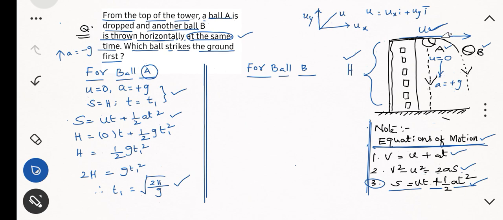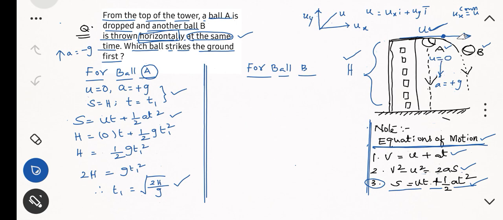At this point, when the ball is thrown horizontally, there exists only the horizontal velocity, which is equal to u. This value is constant, and the vertical velocity uy must be equal to 0, and the ball is falling freely towards the ground.